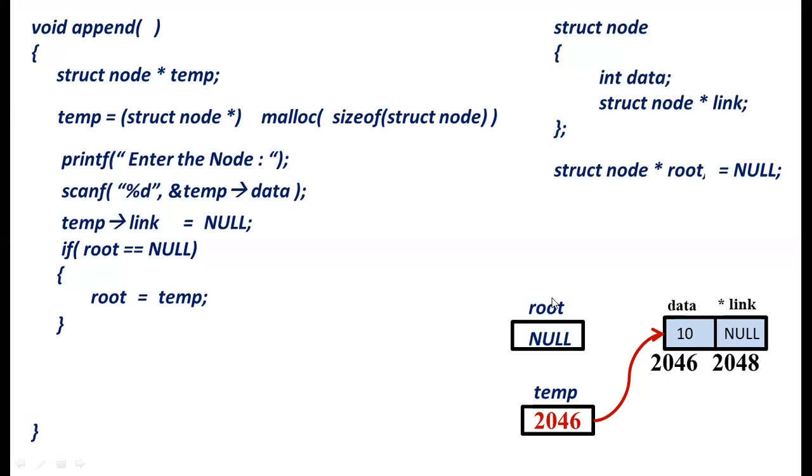Previously the root value was null, so it will be replaced with the value 2046, that is the temp value. Now our root will be pointing to the first location, the first node. So what about the temporary variable? The temporary variable temp is a local variable of the append function.